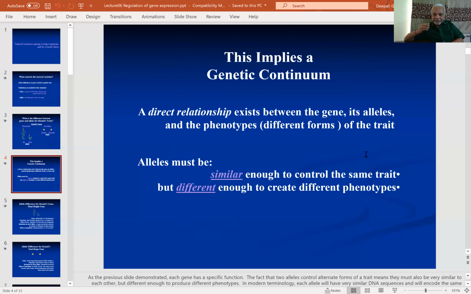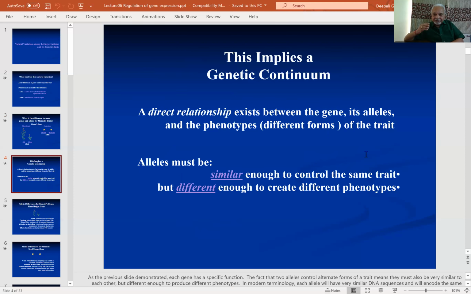Phenotype is the different forms of the trait. Like in the previous example, I showed the height, tallness and dwarfness, and the seed quality of the seed coat, the smooth and the wrinkled.